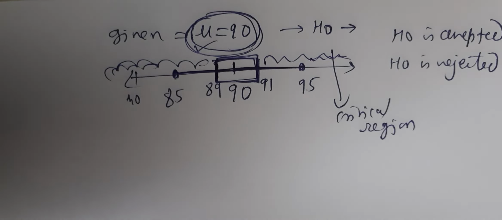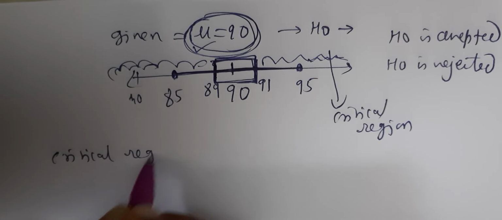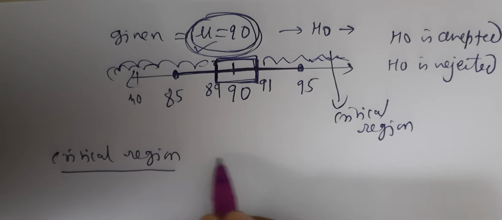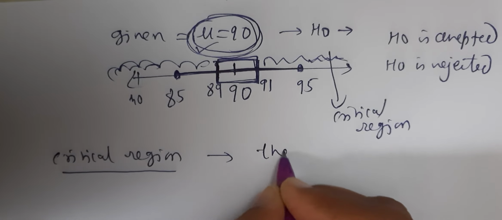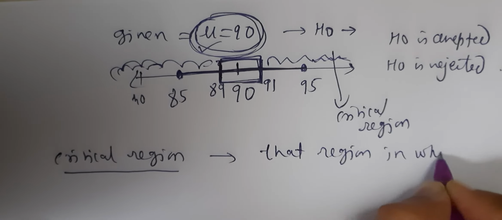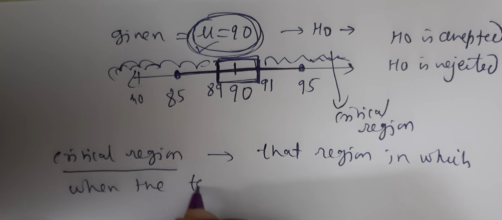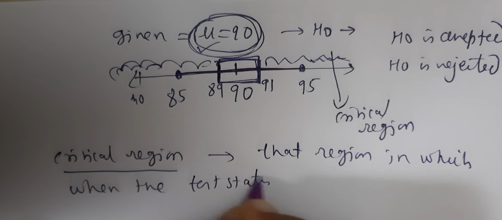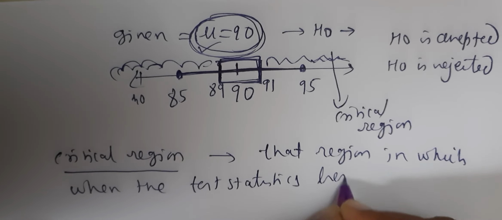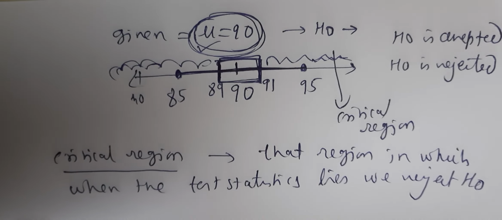Right now you just try to understand. I will say the critical region is that region in which, when the test statistic lies, we reject our H naught.